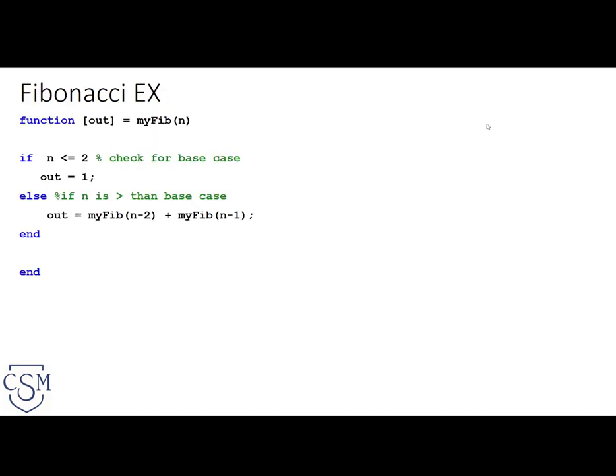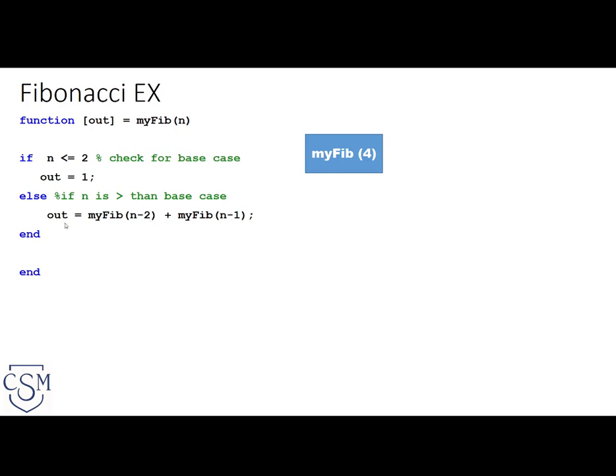So here we have our function, and let's take a look at how this would run with the branching and how it differs from a linear recursive function. Let's say we called myfib and passed it 4. So we want the fourth Fibonacci number in the sequence. It would see if n is less than or equal to 2, which it's not, so it goes into the else part of the if statement, and the output will start to be assigned to myfib of n minus 2.